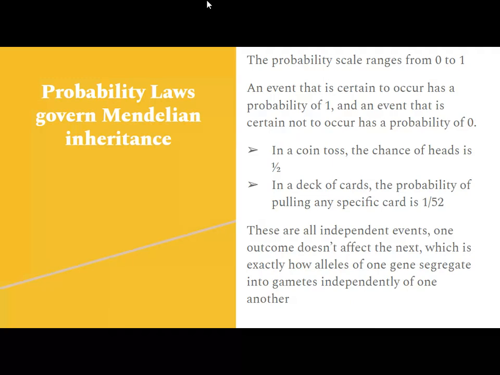If your earlobes are attached or free from the side of your face, that is a Mendelian trait. So we can track that stuff through these probability rules, but not something like height or eye color because those are influenced by multiple genes, which we'll talk about next week.